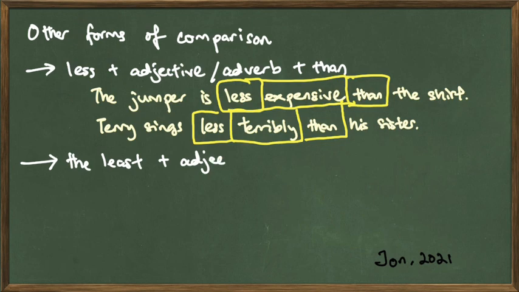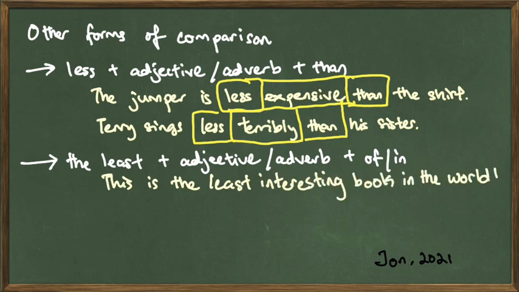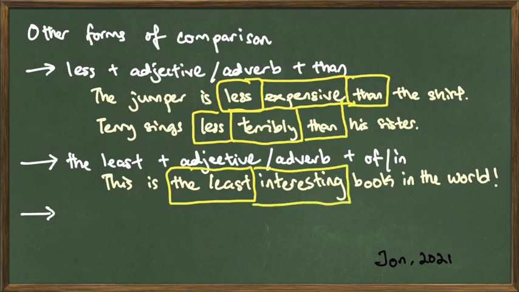The next rule, the least plus adjective or adverb followed by of or in. This is the least interesting book in the world. Firstly you have the least, followed by the adjective interesting, followed by the preposition in.